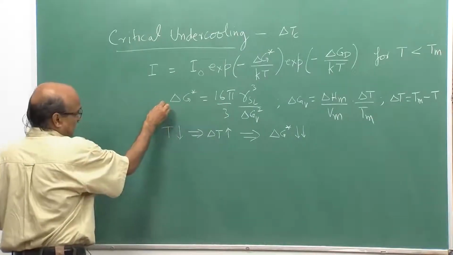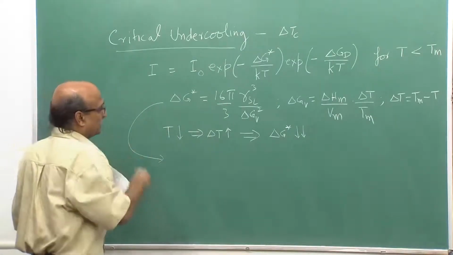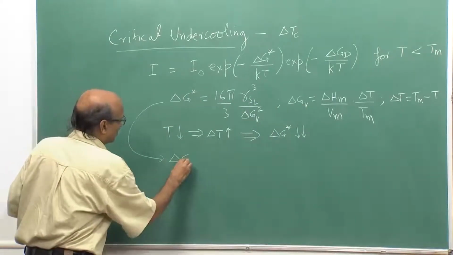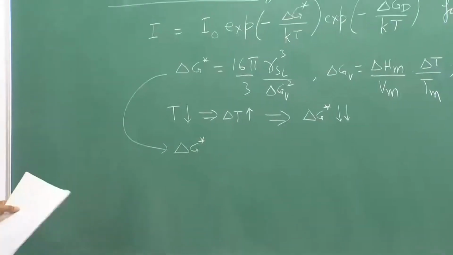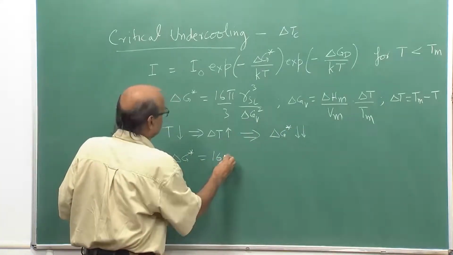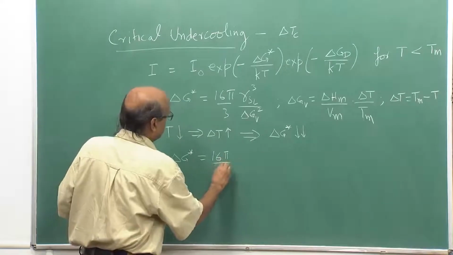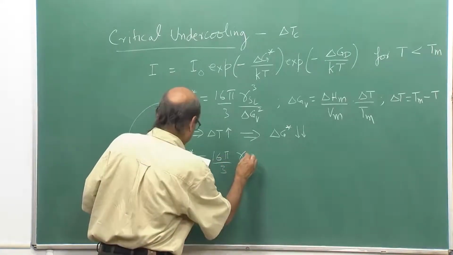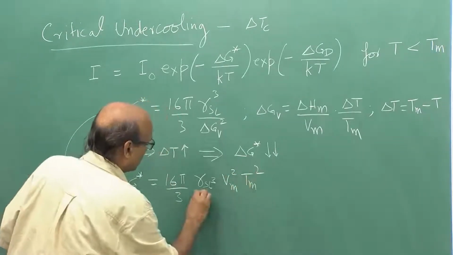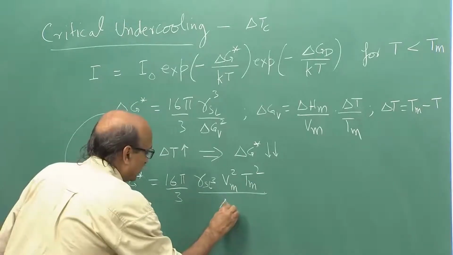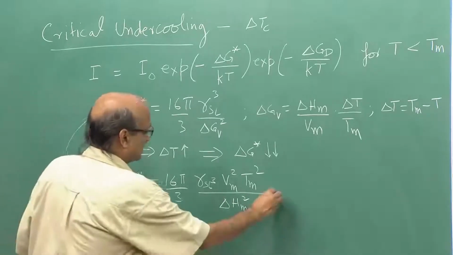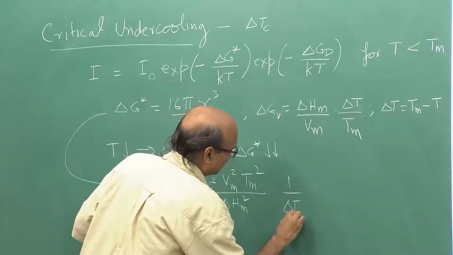If I substitute delta GV into this expression, I can write this equation in a more compact form. So, delta G star is equal to 16 pi by 3 gamma SL cube Vm square Tm square upon delta Hm square, and then we also have the term 1 upon delta T square.